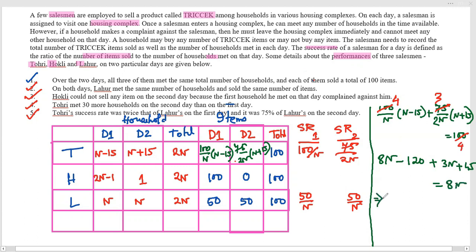So from here I can find, cancel that out, 3n is equal to 45 plus 30, 75. So 3n equal to 75, n is equal to 25.